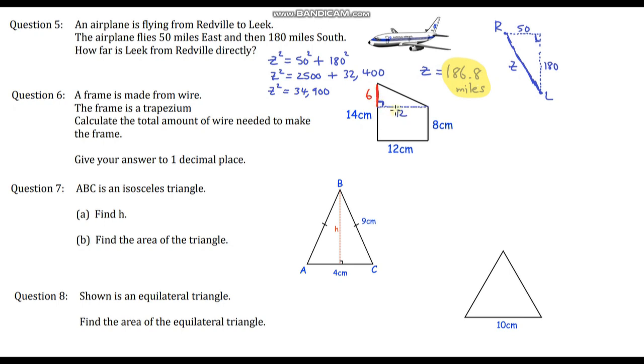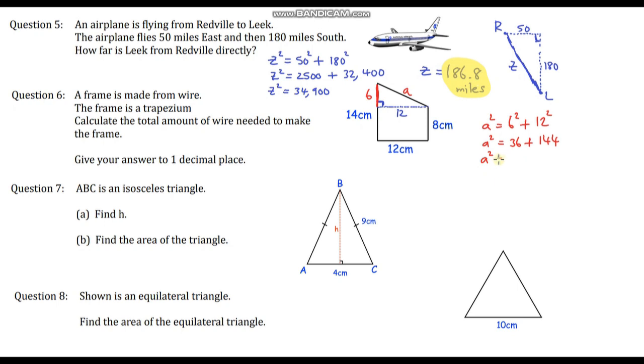So now we've got 2 sides of our right angle triangle. We can now calculate the hypotenuse. Let's call it A. So A squared is equal to 6 squared plus 12 squared. 6 squared is 36. 12 squared is 144.